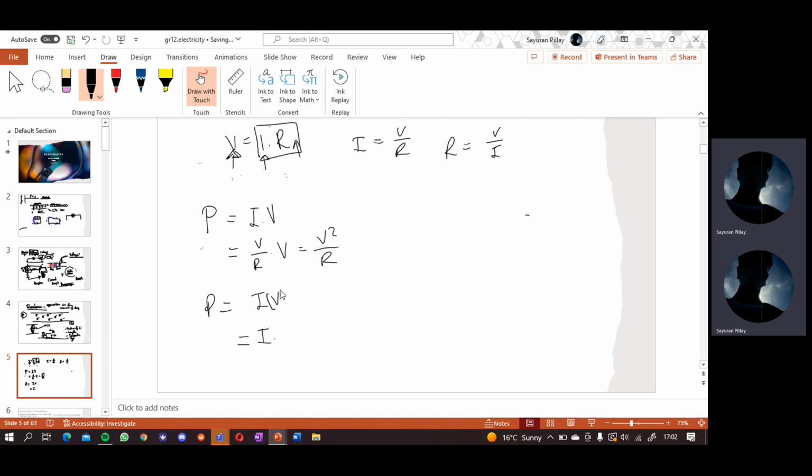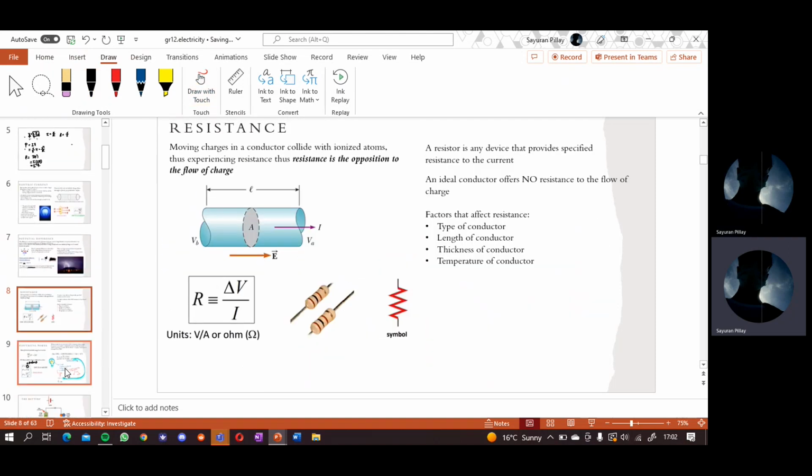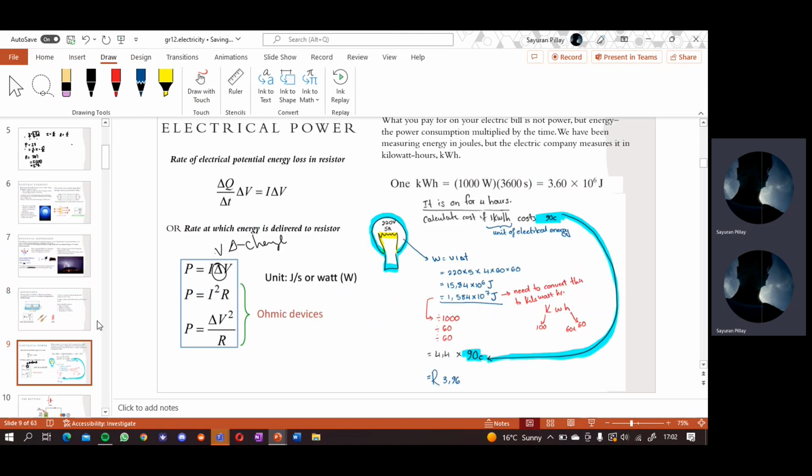I, then this V we said was IR, and we can just say equals I squared R. Quite simple, isn't it? So V squared over R, I squared R, those are your three equations that you can use.